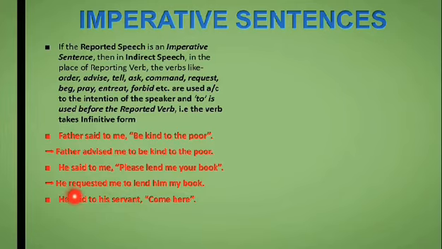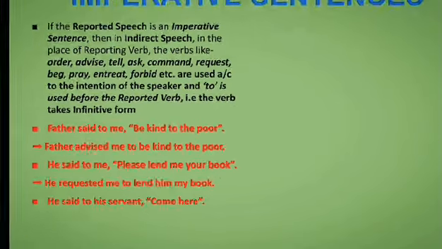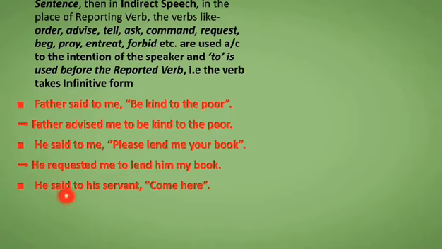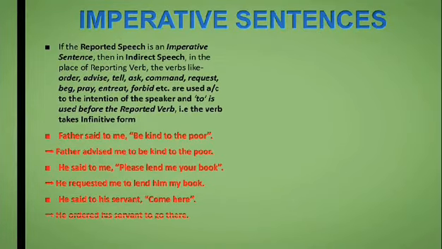Next, he said to his servant, come here. This can be said to be a form of order. So, he said to his servant, come here. Let's see what the indirect speech will be. He ordered his servant to go there. Now you might think, in place of come here, why have we written go there?